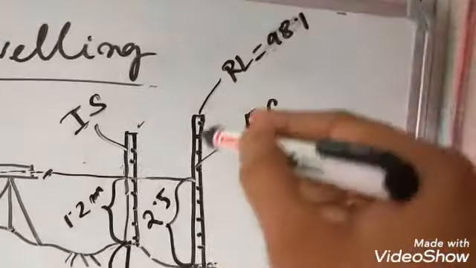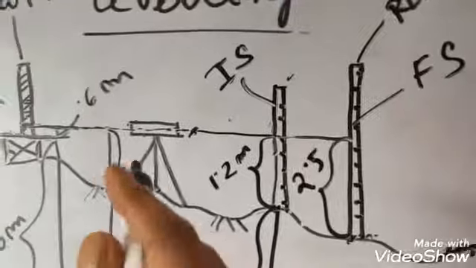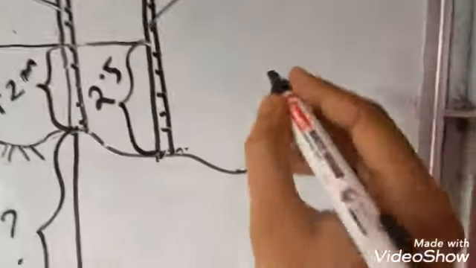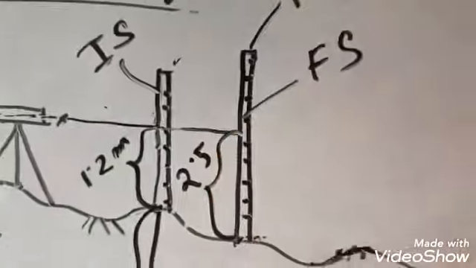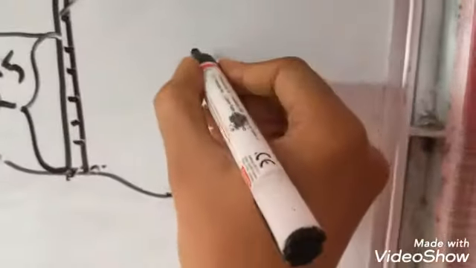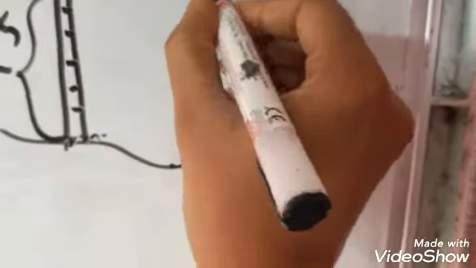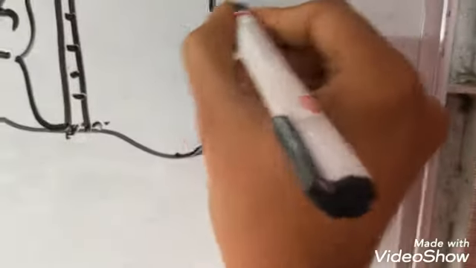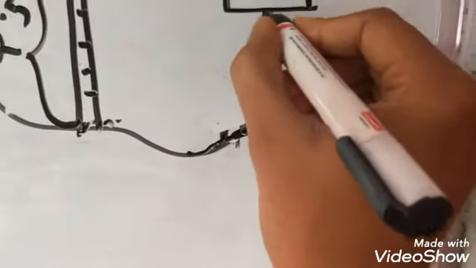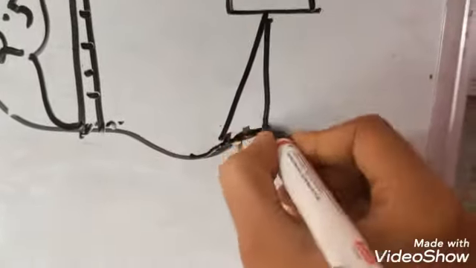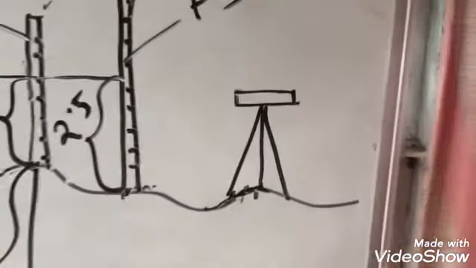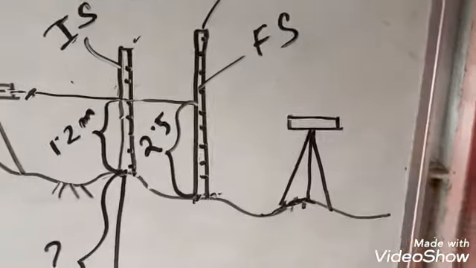So the RL of the last point is 98.1, and after this we are moving the instrument to this point because we are not seeing the readings clearly. At every 100 meters, we need to change the position of the telescope. So we are moving the telescope here, if we need to continue the survey in this direction.